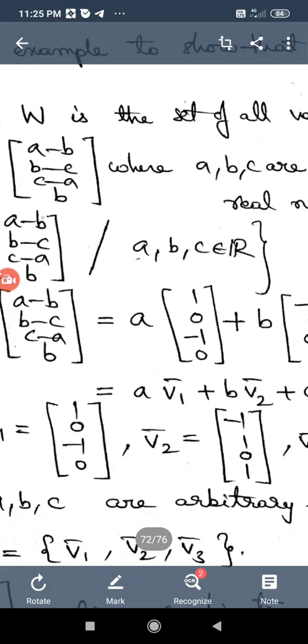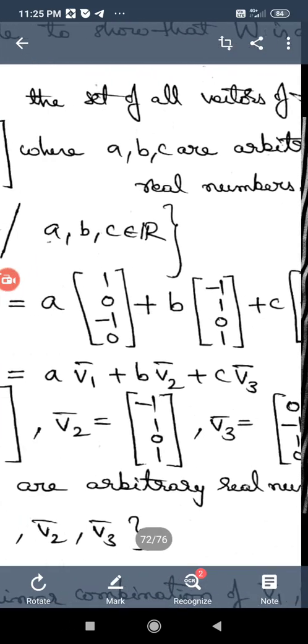In the second entry there is no A at all, so it is treated as 0. In the third entry, the coefficient of A is minus 1, and in the fourth entry, the coefficient of A is 0, as there is no A at all in the fourth element.